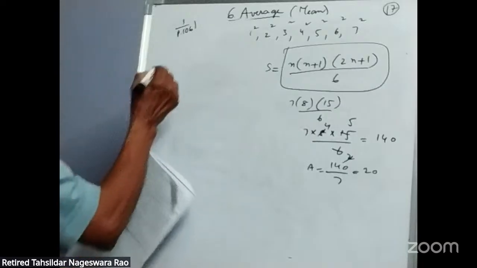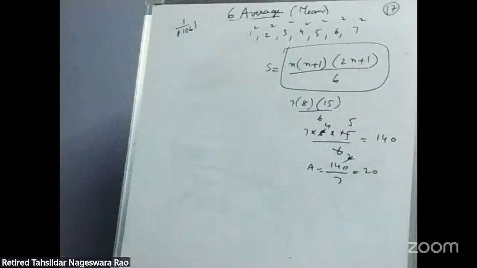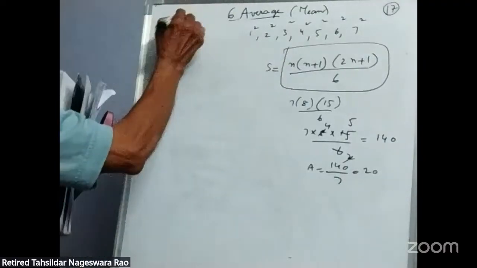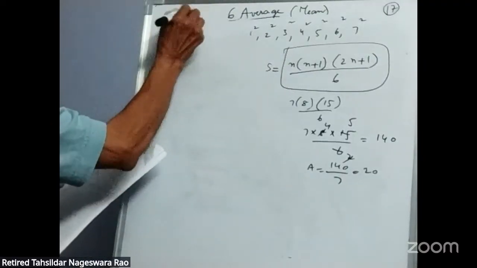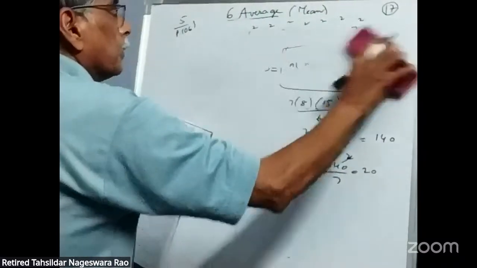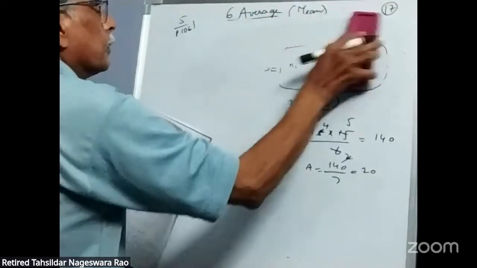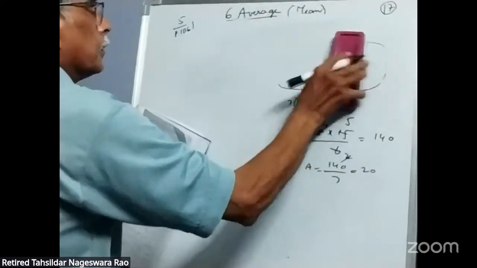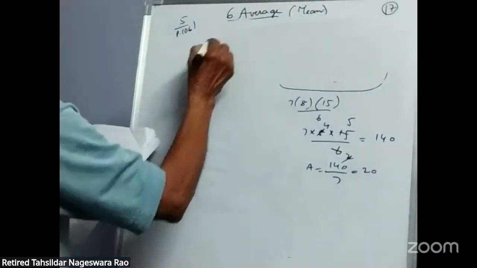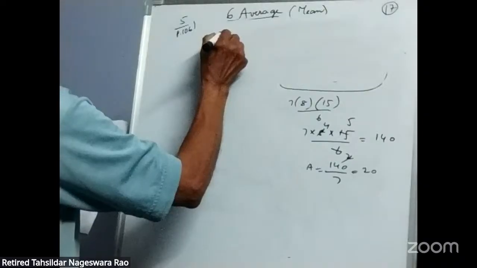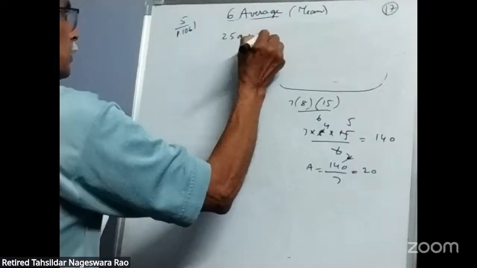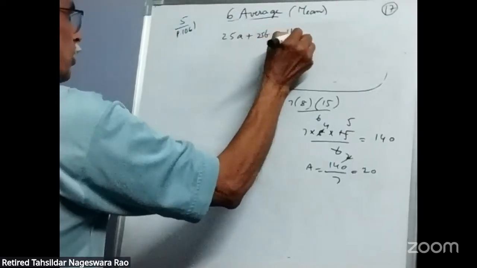Fifth problem. Simple, of course. 25A plus 25B is equal to 115.